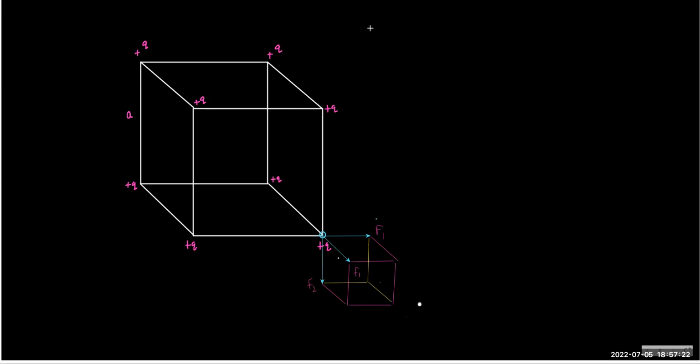We have to study the face diagonal. So this will repel like this.